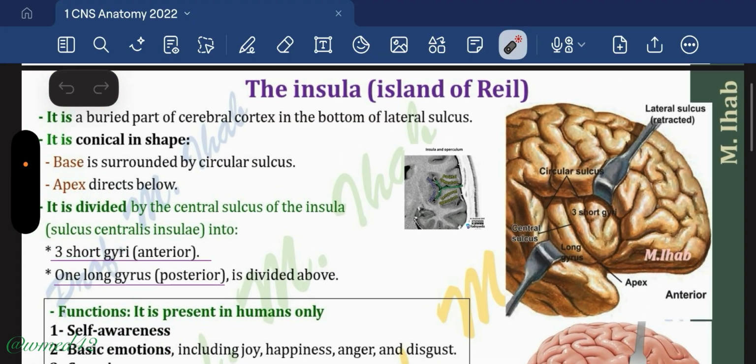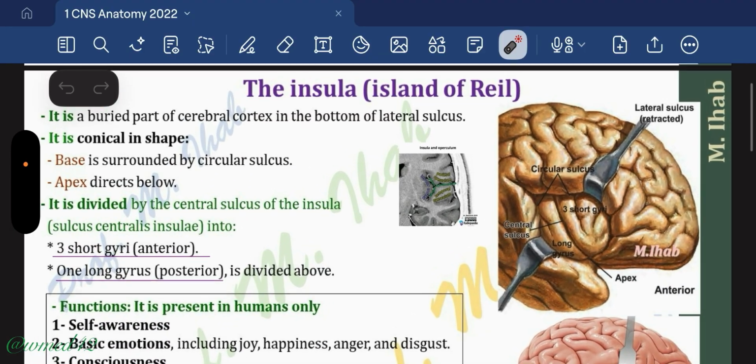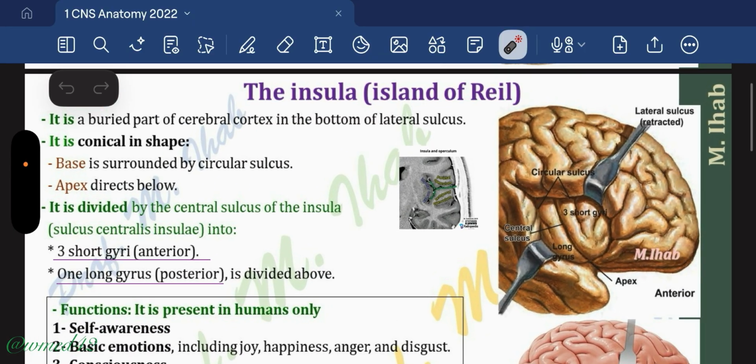The insula, or island of Reil, is a buried part of the cerebral cortex in the bottom of the lateral sulcus, which is right here. So this is the insula. It is conical in shape. The base is surrounded by the circular sulcus. The circular sulcus here.